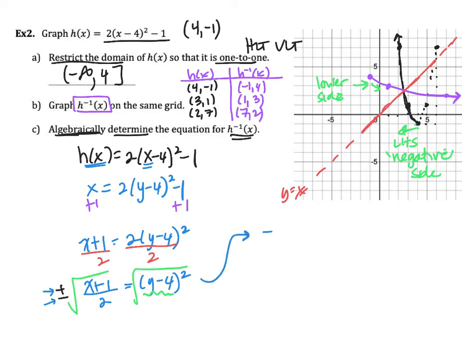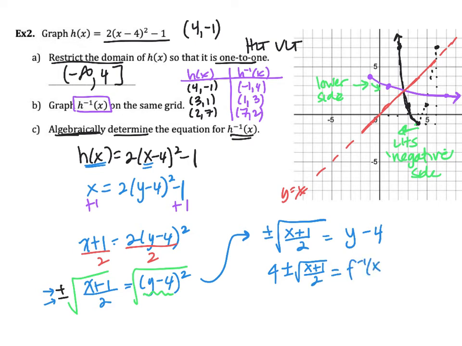I have plus and minus the square root of x plus 1 over 2, and that equals y minus 4. My last step is to add 4 to both sides, so I get 4 plus or minus the square root of x plus 1 over 2 equals y, but then I also have to replace y with the inverse notation. My final step is the answer.